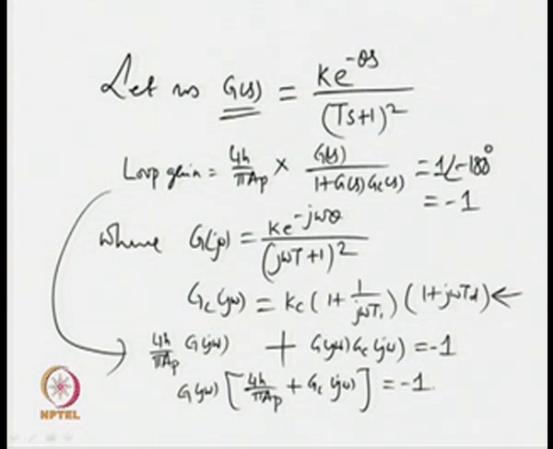Okay. When you cross multiply, minus 1 will remain on the right side.